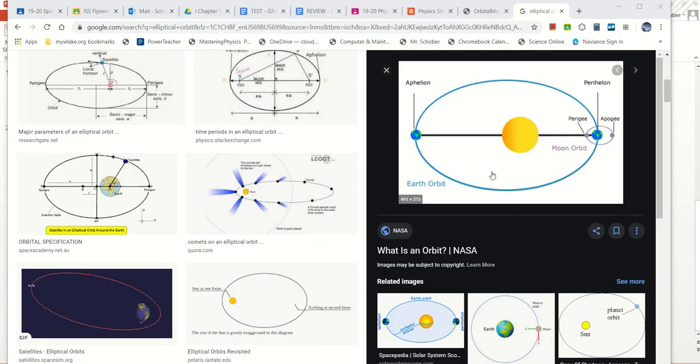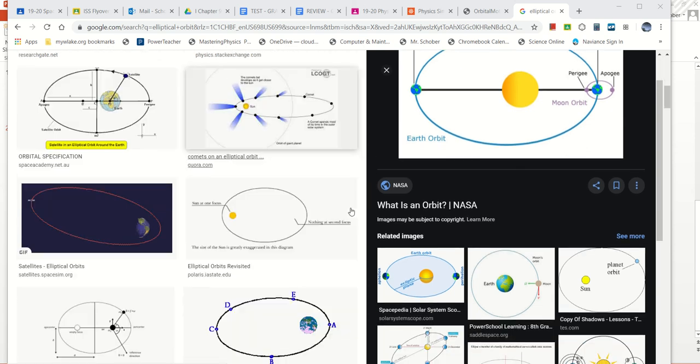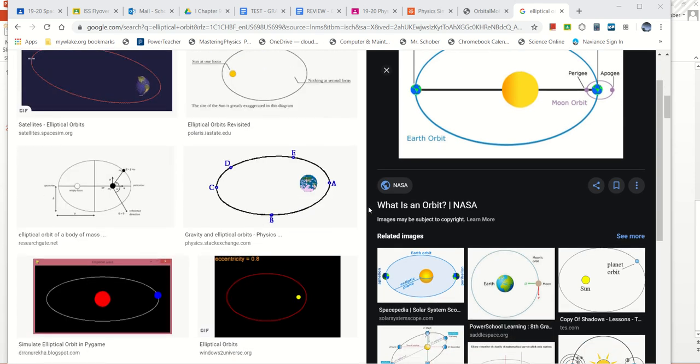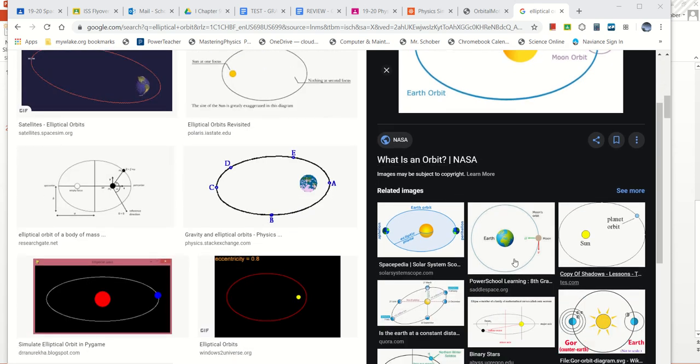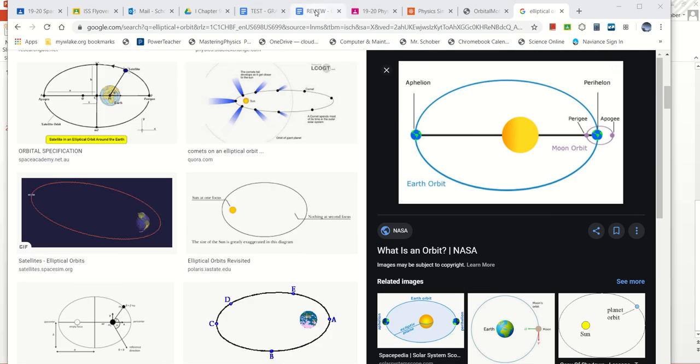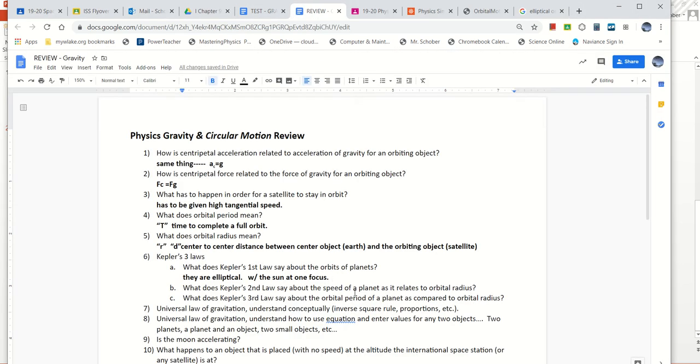And again, just talking about elliptical orbits, some other terms we threw out there: aphelion is when the Earth is furthest away, perihelion is when the Earth is closest in its orbit. This is, of course, a highly exaggerated drawing of the Earth's orbit. If we look at the Earth's orbit around the Sun, it's pretty nearly perfectly circular, but just ever so slightly elongated and elliptical.